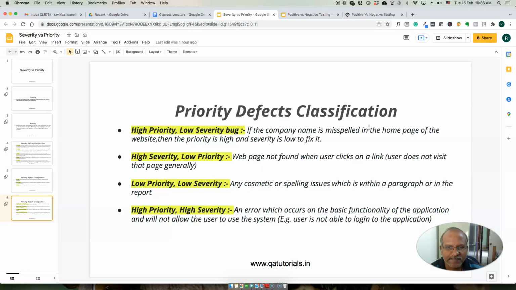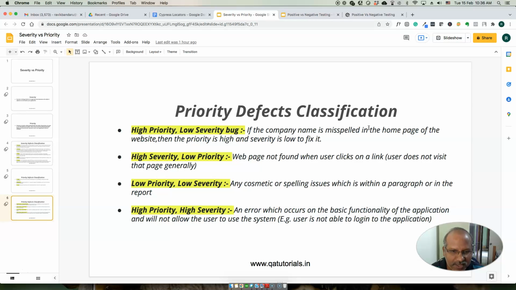If you have the Amazon website and you misspell the Amazon name, people may think it is some phishing website instead of a genuine website. So we need to fix that quickly, but it's not critical to the functionality of the application. That is why it is a low severity but high priority bug.